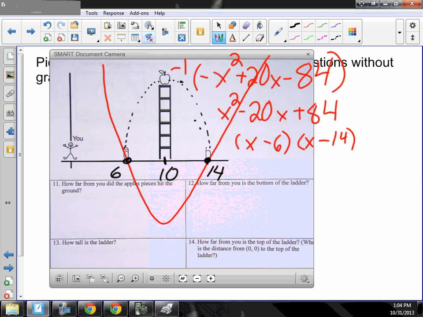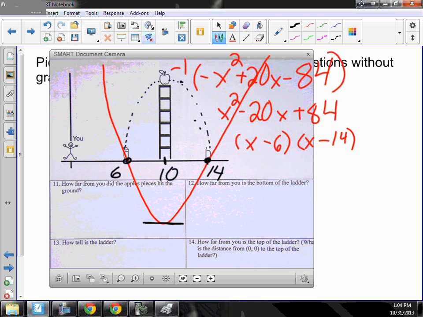Which one should I plug the x into? The first one. If I plugged it into the second one, that's going to tell me this negative value down here, which will be the right number, but it'll just be in the wrong place. What if I divided the function by 2? Could I plug the 10 into the new function? No, it would be half as tall as it was supposed to be. So you always plug x values back into the original function.